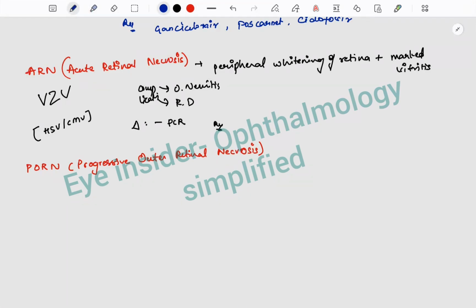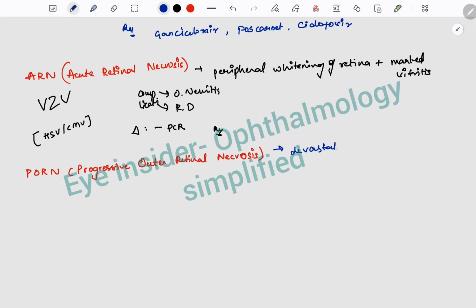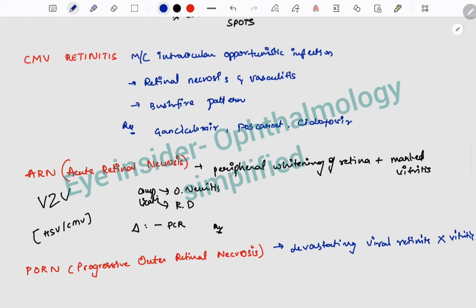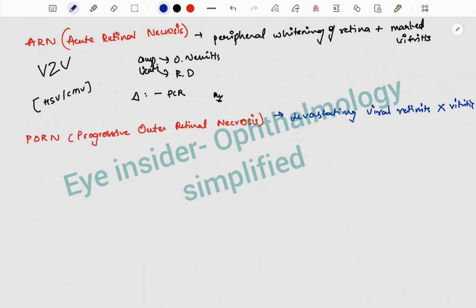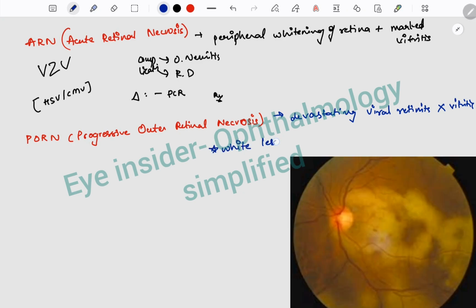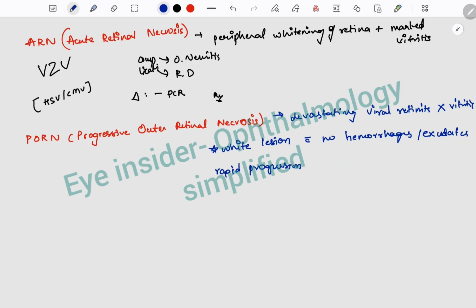Similarly, in progressive outer retinal necrosis the etiology is the same, but it occurs commonly in immunocompromised patients. There is devastating viral retinitis without vitritis. We can see whitish lesions with no hemorrhages or exudates, and there is rapid progression and very poor prognosis.